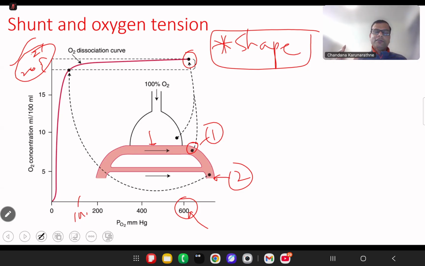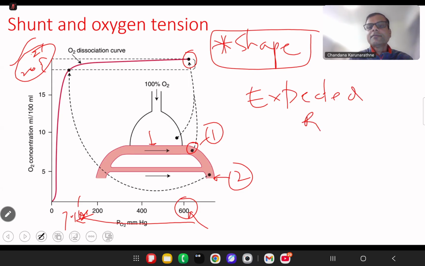Because of the shape of the oxygen dissociation curve and slight reduction in oxygen content. Content is important. That is the reason why, because of the shape, your PO2 is brought back to a very low value, maybe 70, 80, something like that. You can actually go up to 100 of PO2 with 100% oxygen, but 100 is not your expected rise in PaO2.